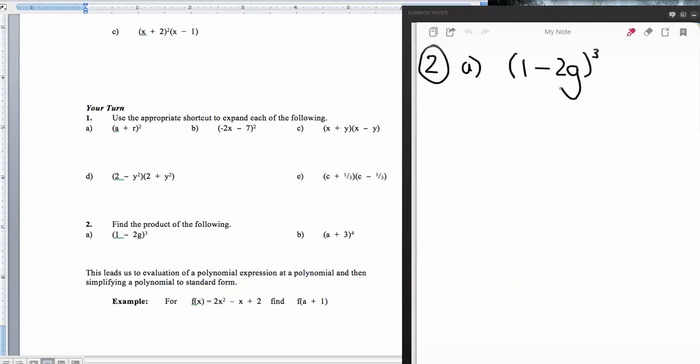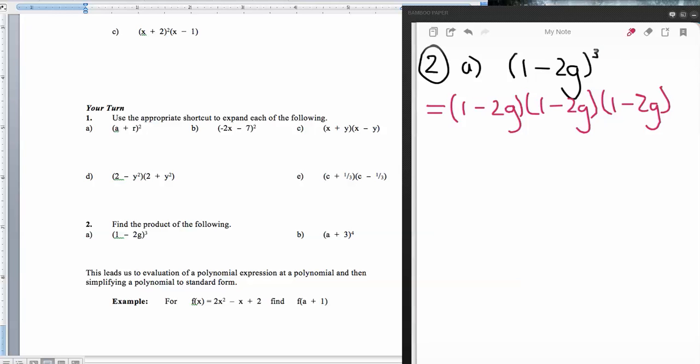And then finally, problem number 2 of your turn, you're doing higher powers of binomials. So I'm going to rewrite this as 1 minus 2g times 1 minus 2g times 1 minus 2g.